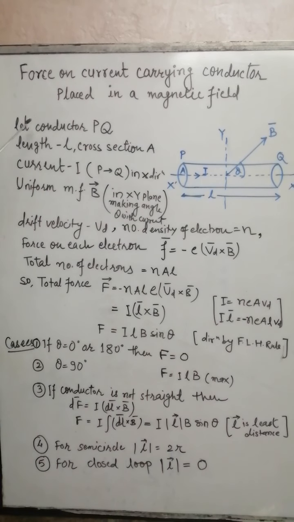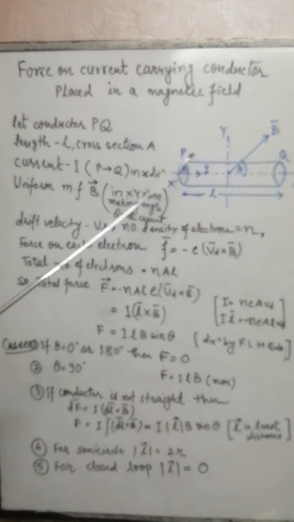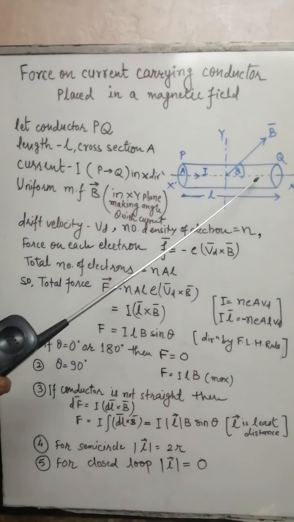So let us consider a cylindrical conductor PQ having length L, cross-sectional area A. Current I is flowing through this conductor from P to Q, or you can say in X direction.